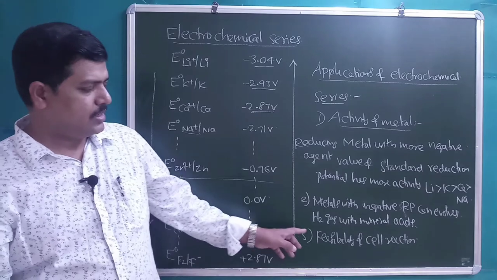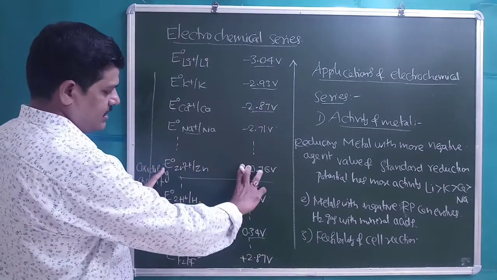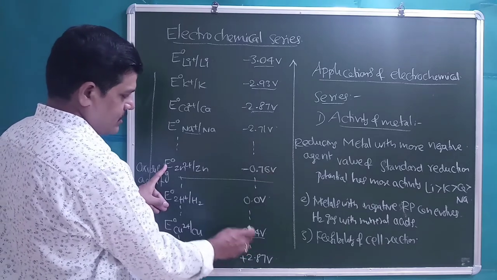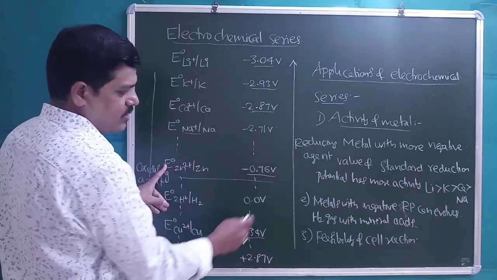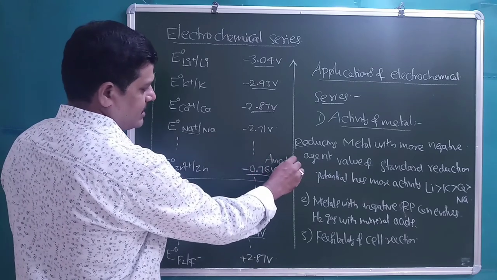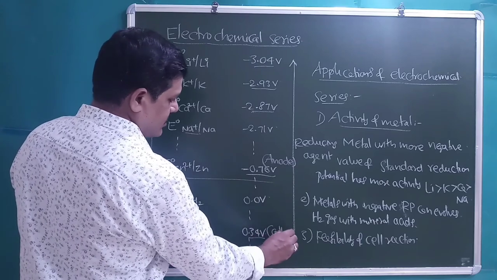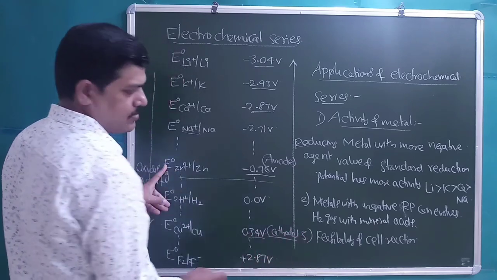For example, when zinc is coupled with copper, zinc has more negative reduction potential, so it acts like an anode and copper should act like a cathode. Then only the cell reaction is feasible.